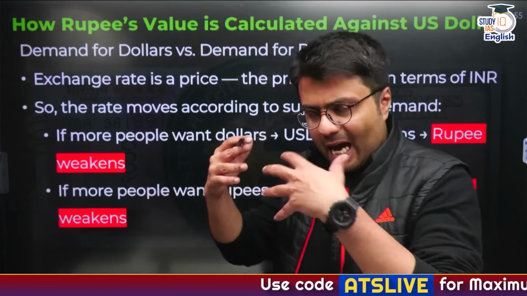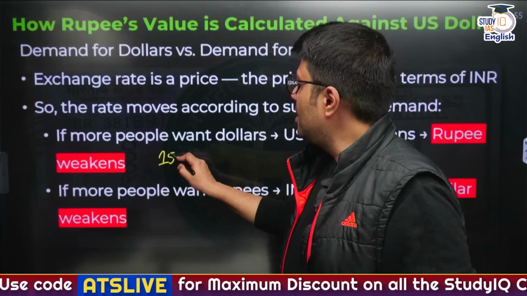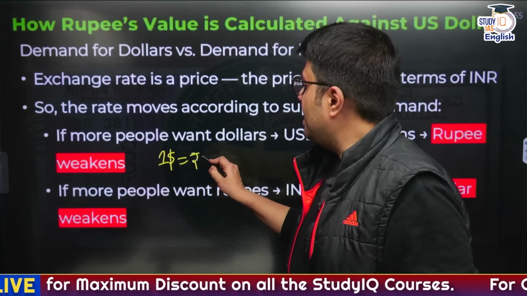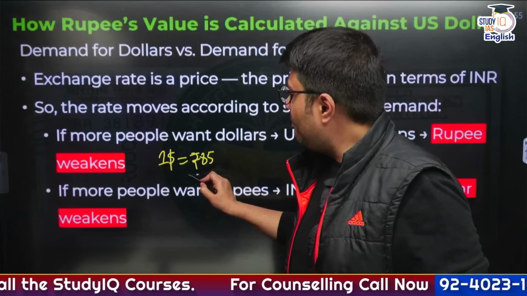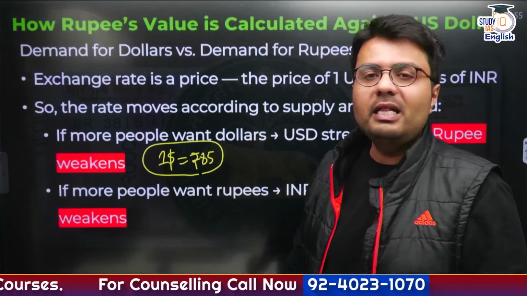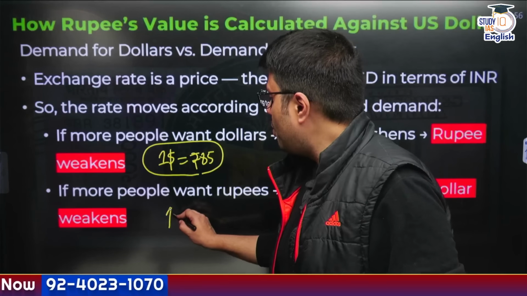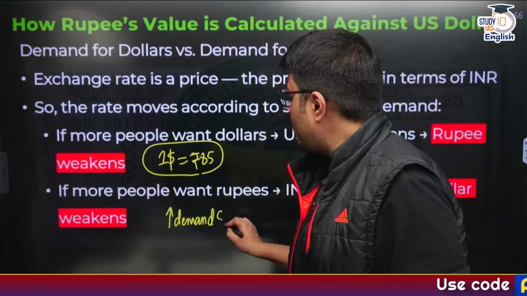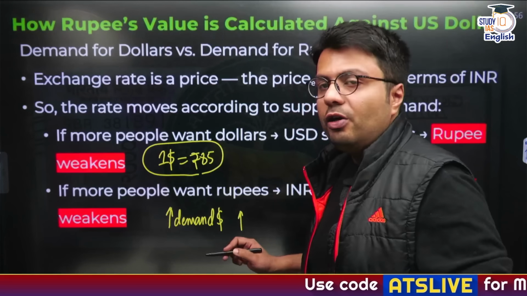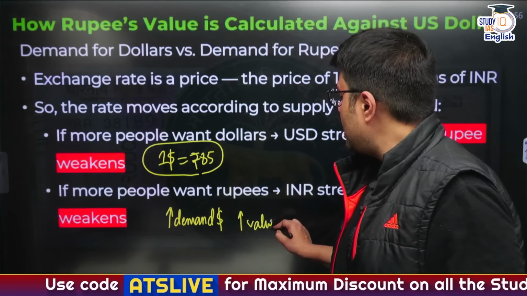Now, for a hypothetical example, let us consider $1 equals rupees 85. So this is the present value, hypothetically, of the rupee vis-a-vis a foreign currency, that is US dollar. Now, suppose in that case, the demand for dollar increases. So what would happen if the demand for dollar increases? Naturally, if demand for any commodity increases, its value also increases.